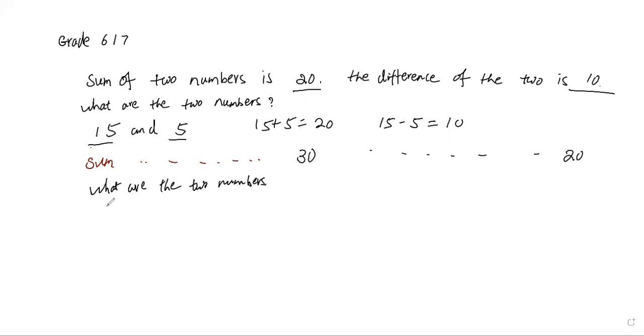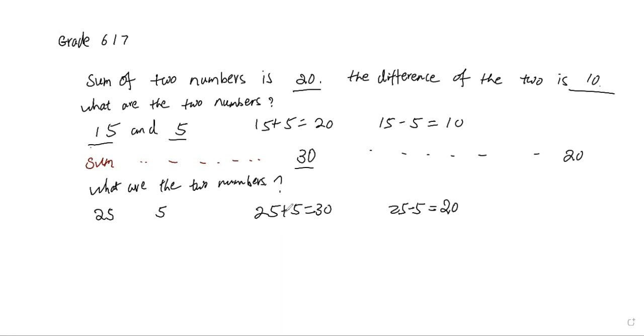Most students still can do some kind of trial and error. For example, what if it's 20 and another one is 10? Would it make sense? No, it doesn't. Then eventually you say, oh, 25 and 5, because 25 plus 5 equals 30, and 25 minus 5 equals 20. That makes sense.